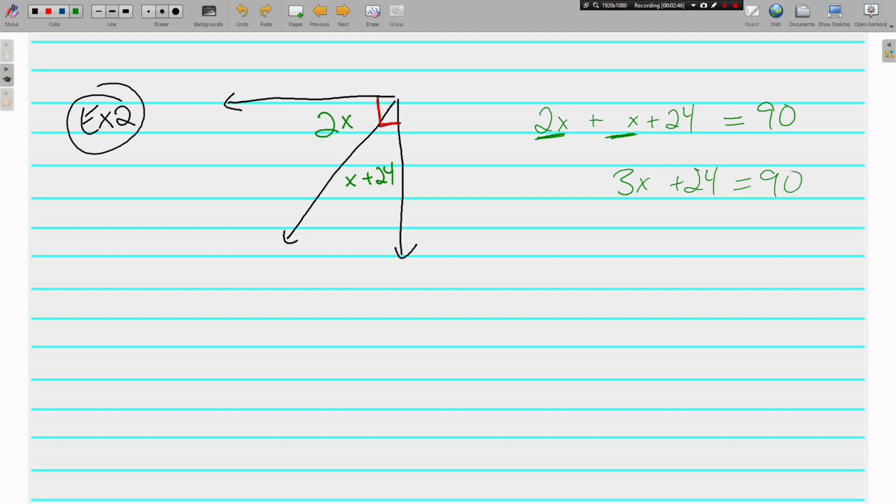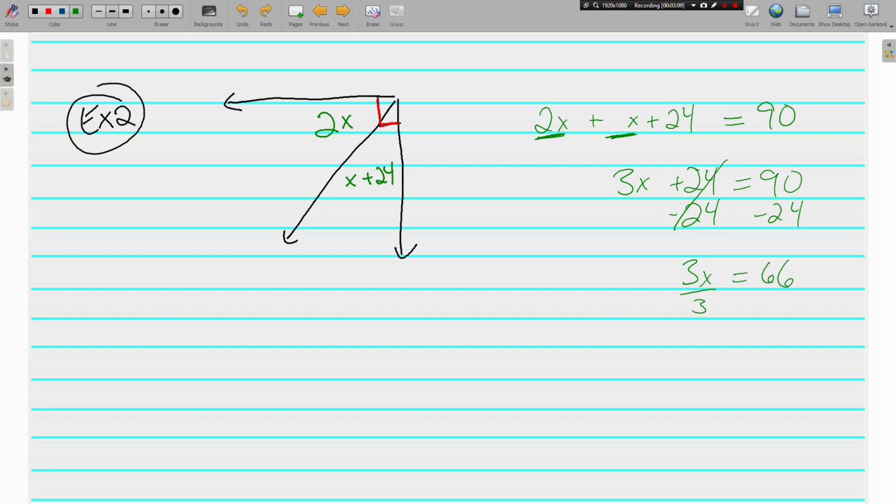I'm going to save the term with the variable for last. So first I'm going to undo that positive 24 with a negative 24. And what you do to one side, you must do to the other side. 90 minus 24 is 66.